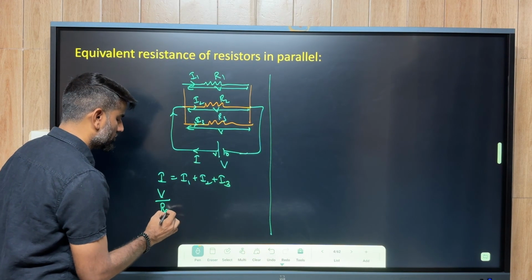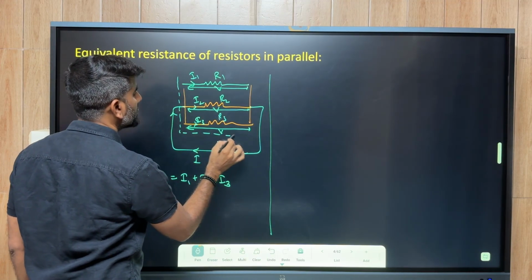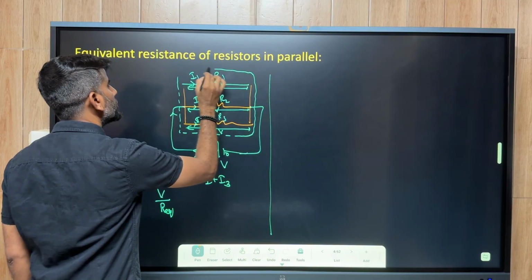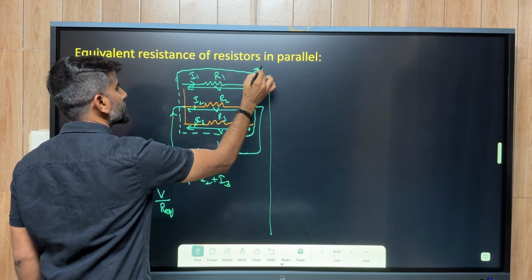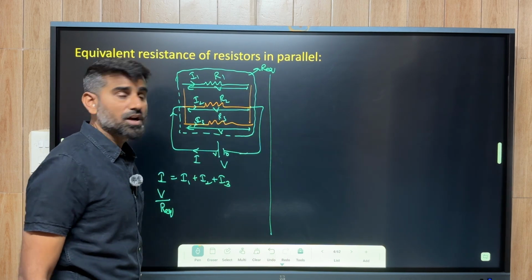I am writing it as R equivalent, because this entire combination of resistors can be replaced with a single resistor of resistance R equivalent.